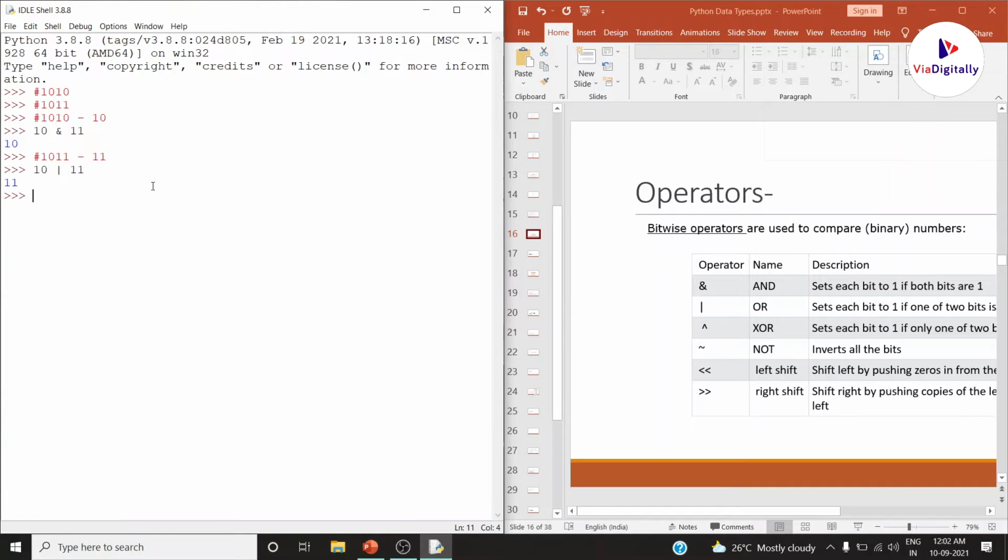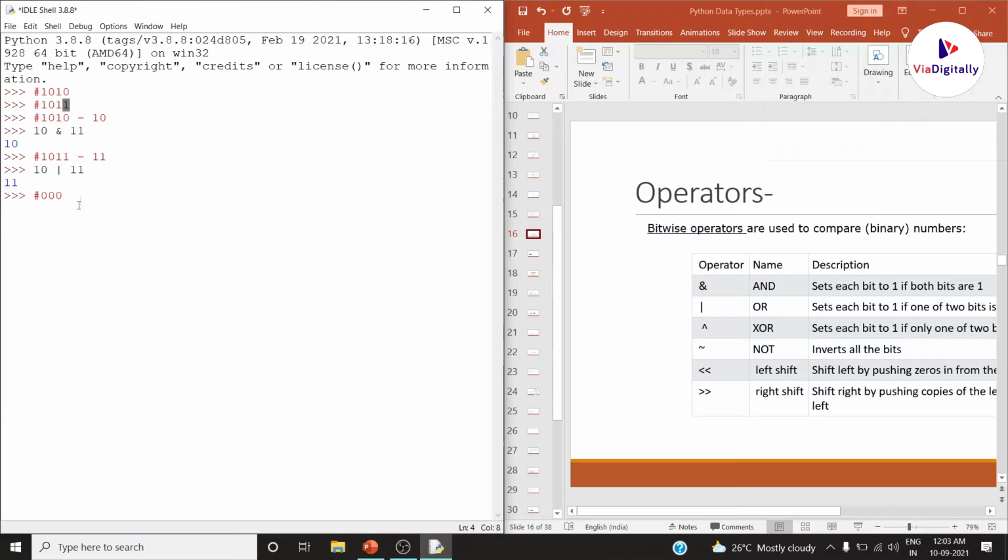Let us take the same example, 1010 and 1011. See here, the first bit is 1 and here also 1. If both inputs are 1, exclusive OR gives 0, but the OR operation gives 1. That is the difference. And here 0 0, so the output will be 0 for the XOR operation, and here 1 1, so the output will also be 0.